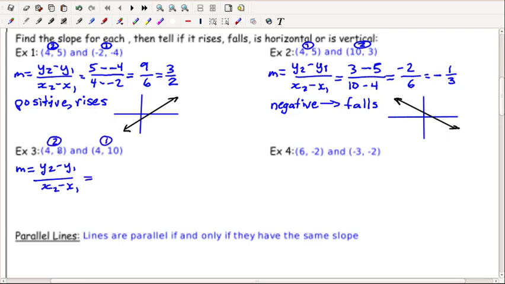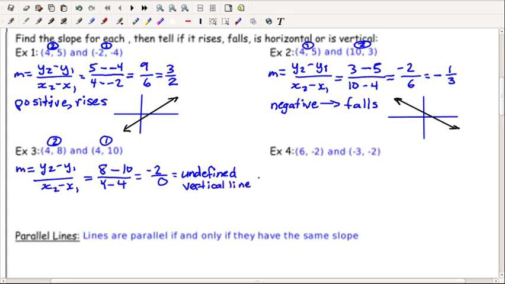So y2, 8 over x2, 4, minus y1, 10 over x1, 4, gives me negative 2 over 0. Oh no, we can't divide by 0. Mathematical error. This tells us actually, so my slope is undefined. And this tells me I've got a vertical line.